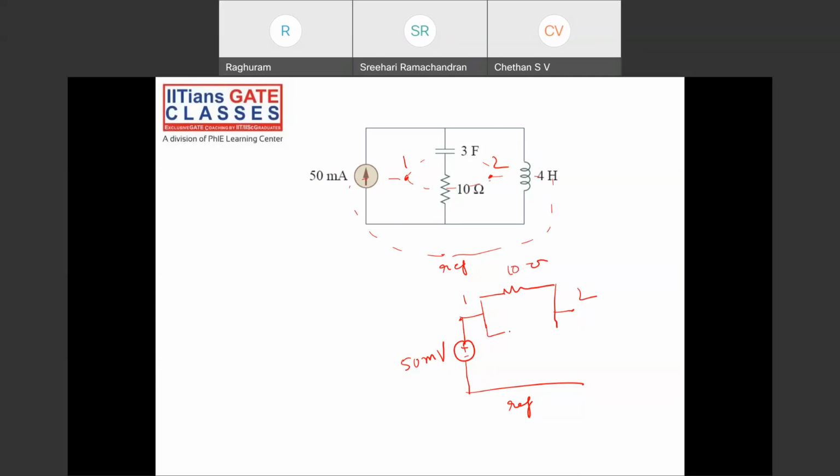And this will become an inductance of 3 henry. And this will become a capacitance of 4 farads.